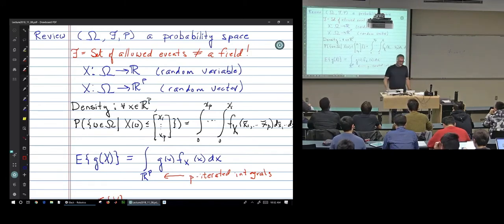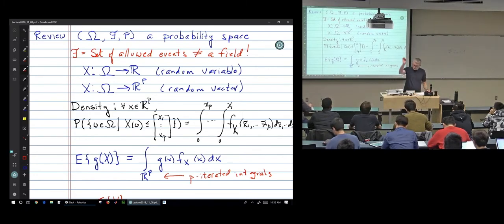Things that are random could be like dice. They can be discrete, or they can be like the infamous Gaussian distribution and be continuous and have a density. So we're working with things that have a density.